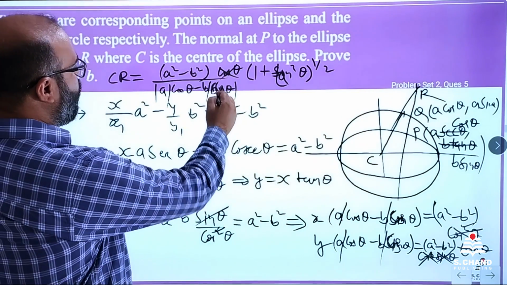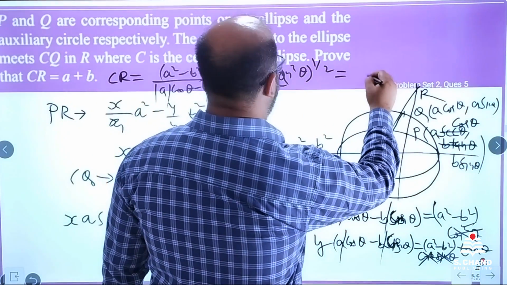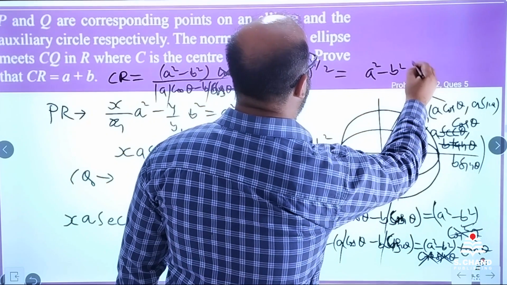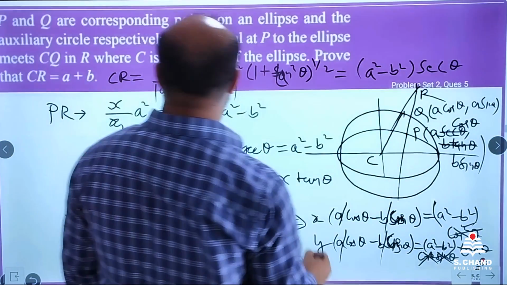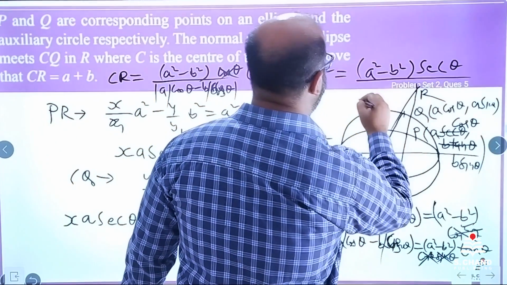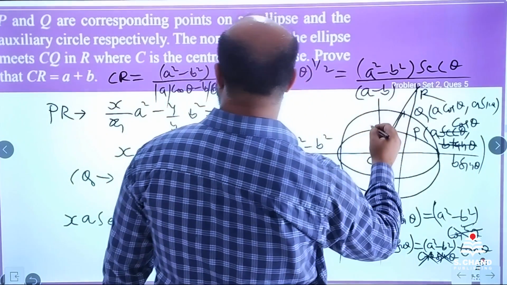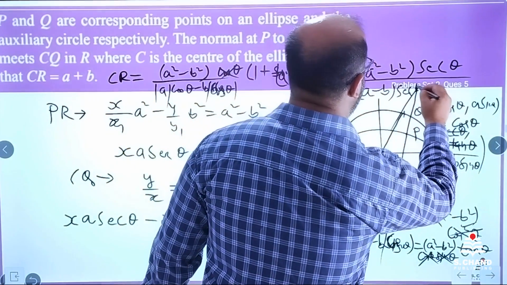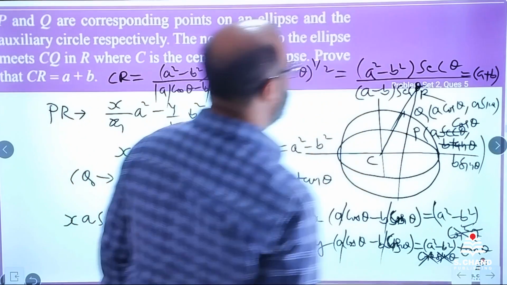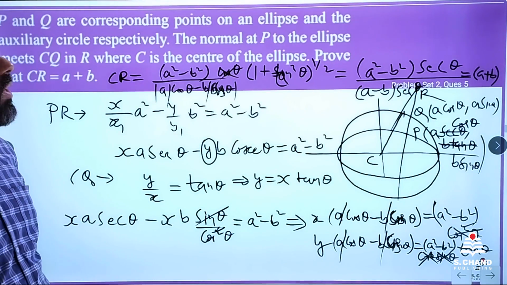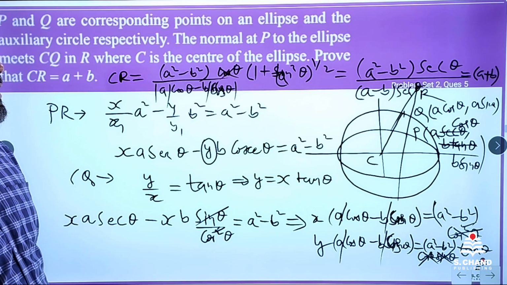So sec theta and cos theta will cancel, this will become a square minus b square, and this will become sec theta, and here also a minus b by cos theta, which is sec theta. So this will be finally a plus b, as a minus b will get cancelled and sec theta will get cancelled.